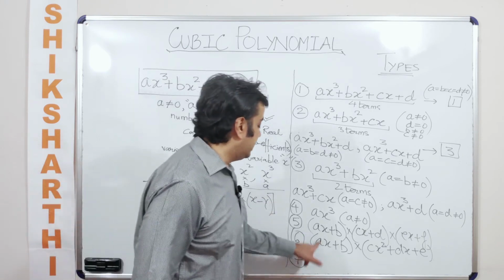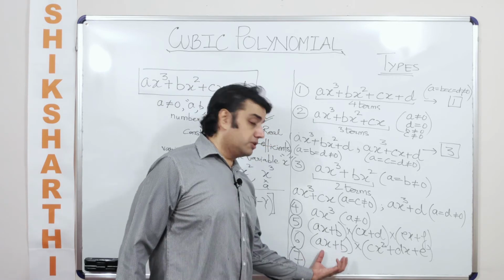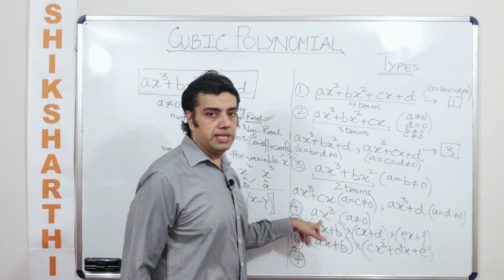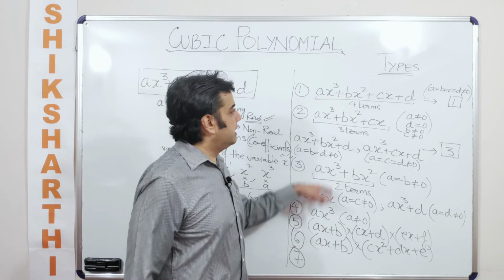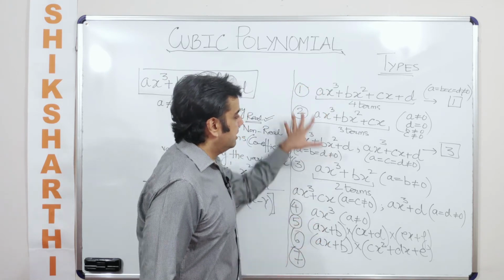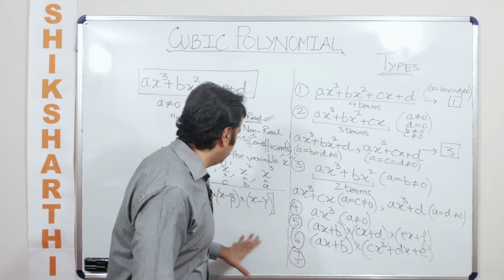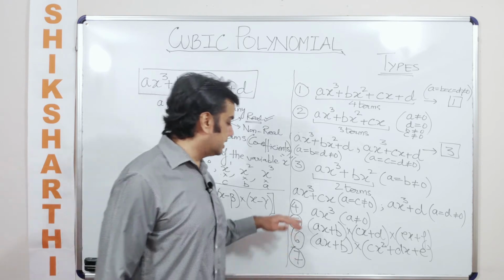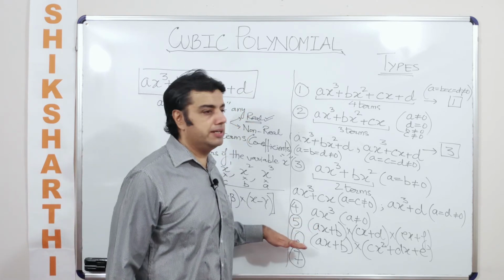Now you could have said that why didn't you talk about a cubic polynomial which is formed out of a cubic polynomial only, so which we have already talked about, ax cube. So we have talked about all the possibilities in which a cubic polynomial can be formed, wherein the seventh possibility that we are talking about is nothing but the outcome of the fifth possibility only.